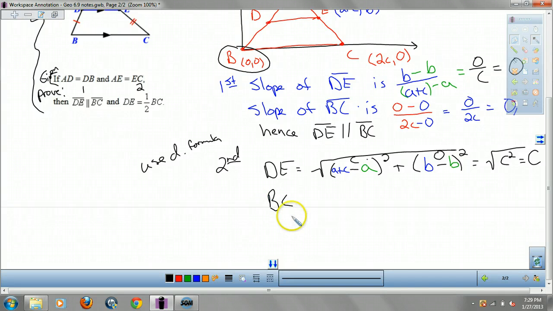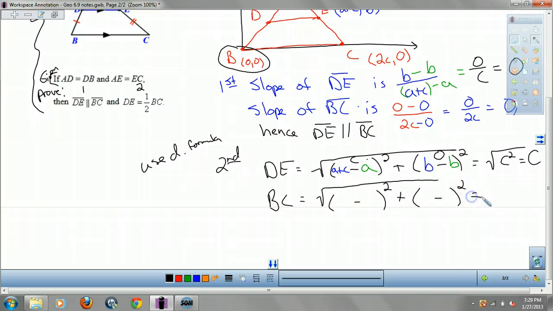Well, you see that was a long time ago, at least 2,000 years. 2013, I think. My square root of something minus something squared plus something minus something squared. So let's see, what color did I use for B? I used black.